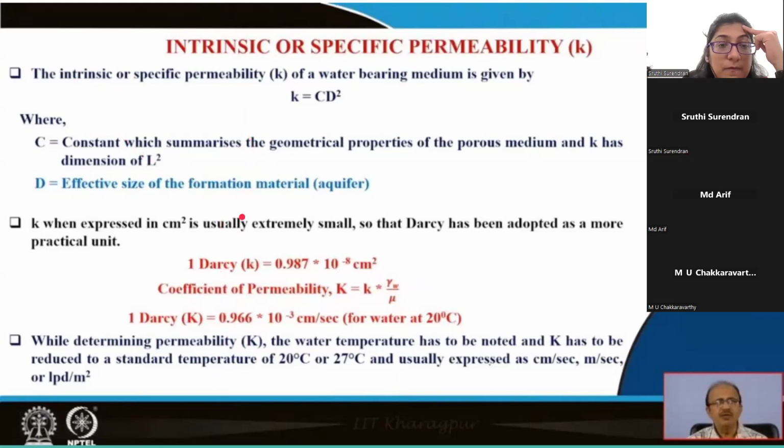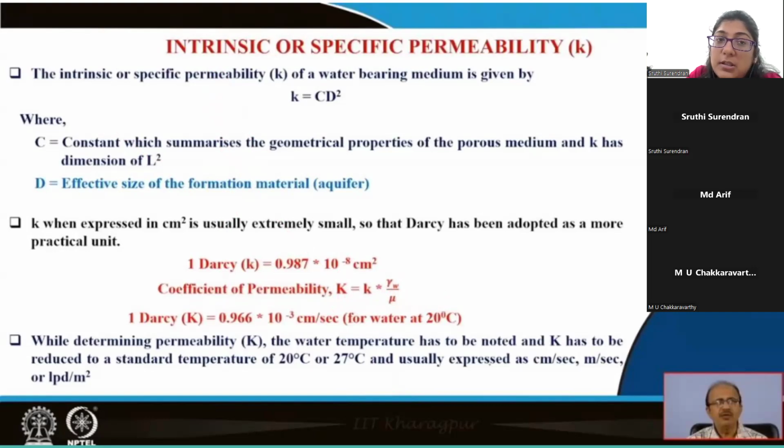Now, how are the coefficient of permeability and intrinsic permeability related? Coefficient of permeability K is a product of the intrinsic permeability and the unit weight of water divided by dynamic viscosity. Dynamic viscosity is a property of a fluid which resists its flow when some external force like friction is exerted on the fluid. The resistance offered by the fluid is basically what viscosity is.